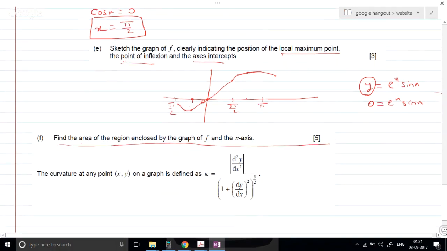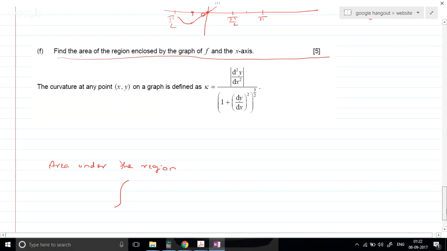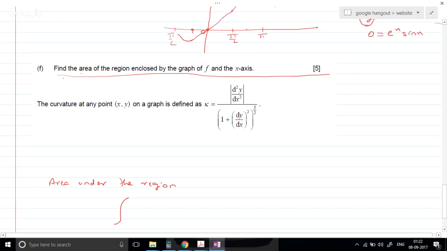Now, what does area under the region mean? Area under the region is always integration. Okay, from what point to what point are they asking? Let's look at that. So the area under the region of the function f and the x-axis.